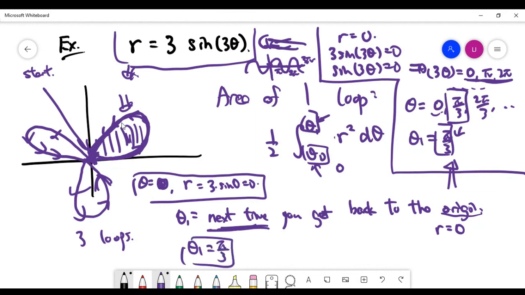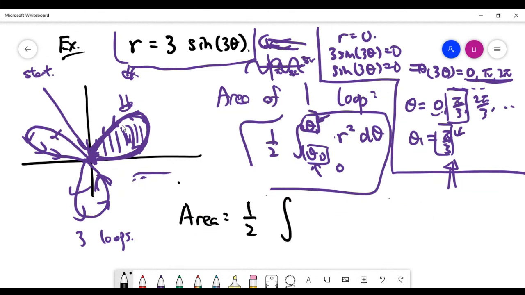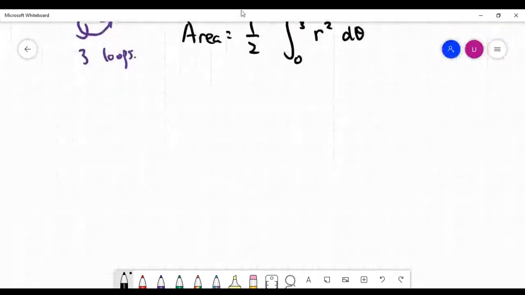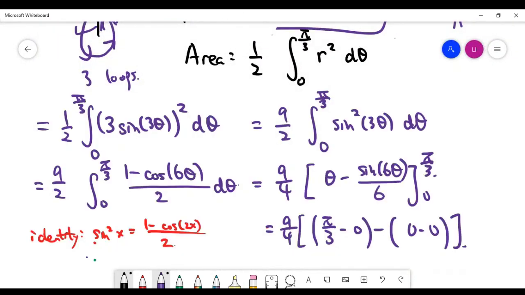So the area formula is half times the integral of r squared d theta, with the angle from 0 to pi over 3. And I trust that you're able to do this computation, but I wrote down all the steps here already for the area calculation of this loop. And basically, that's the end of this video.